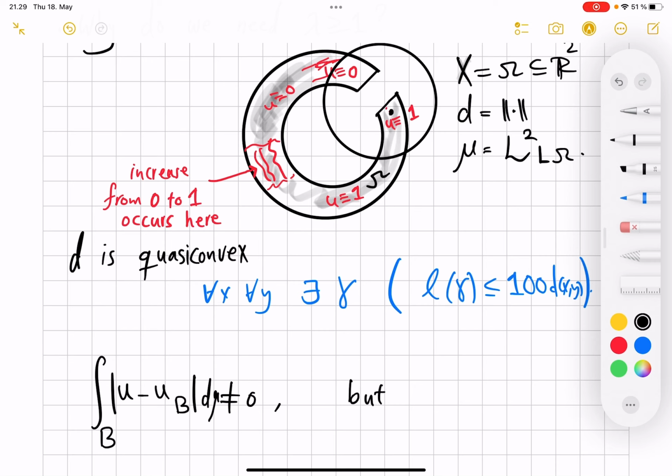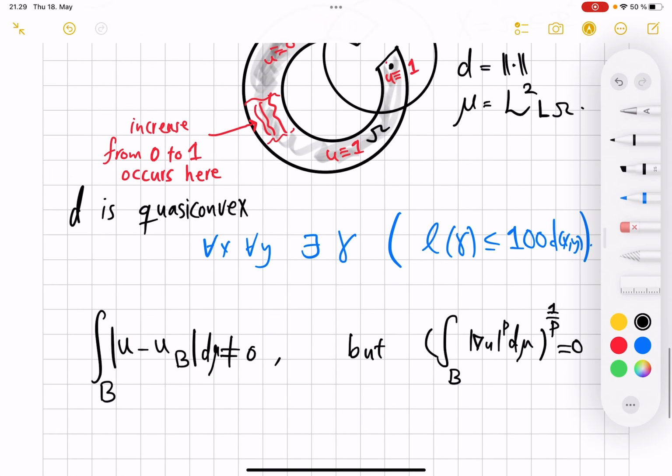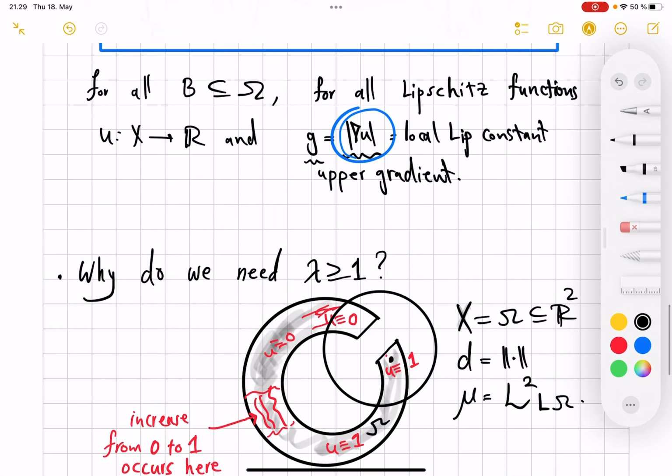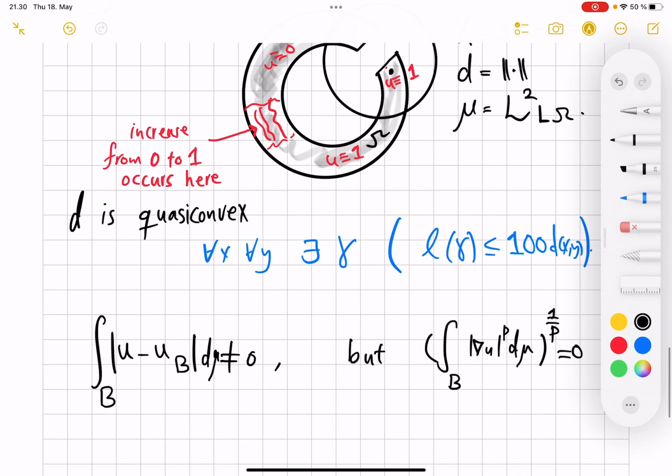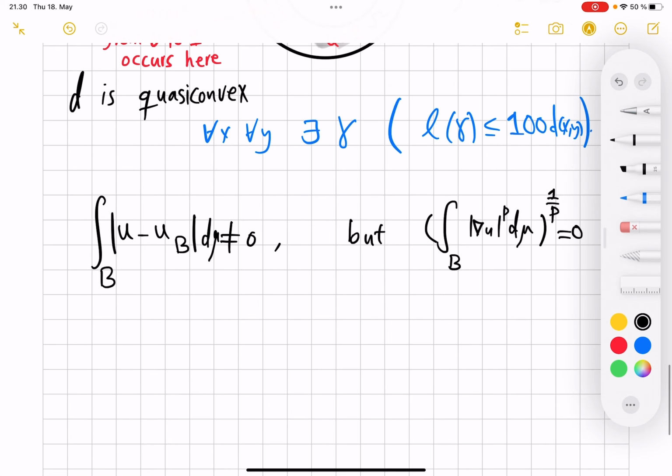But this integral over the same ball of the gradient of u to the power p, to the 1 over p, is 0. So no matter how big you take your constant c, you will not be able to make this happen. But we do have Poincare inequality on this space if we allow this help from lambda.